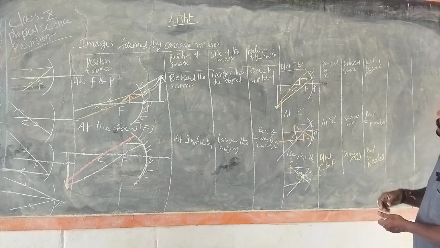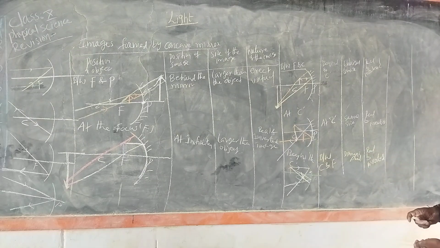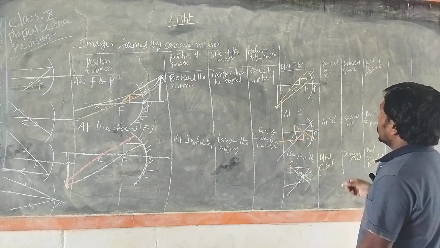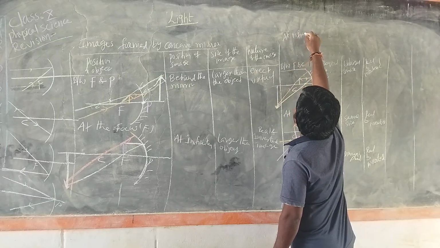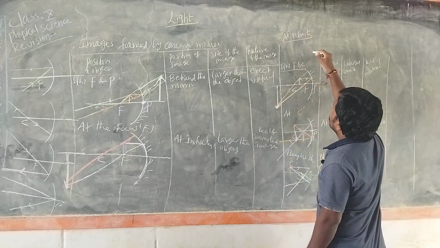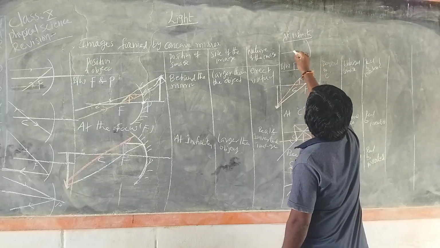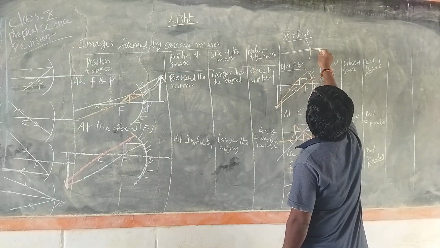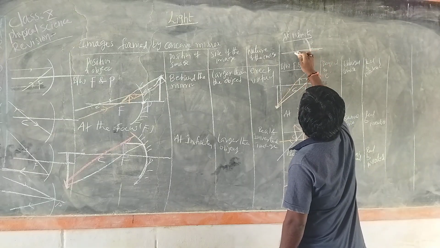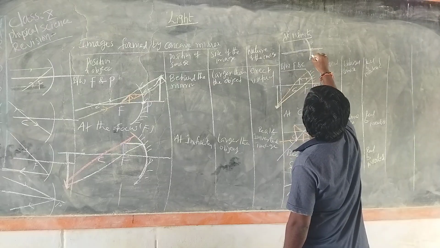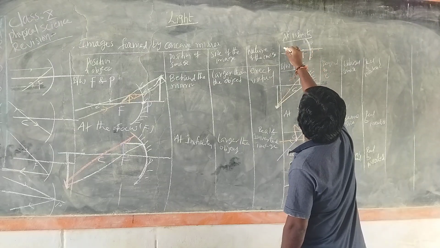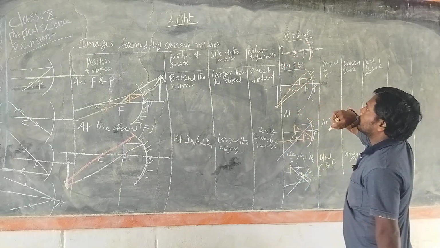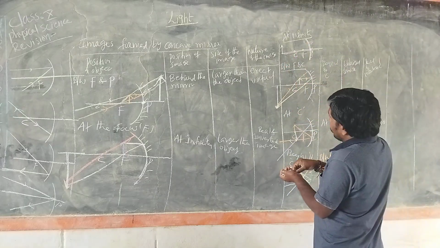Then, if the object is placed at infinity. So, object, principal axis, mirror, pole, focus, center of curvature, object is here at infinity.